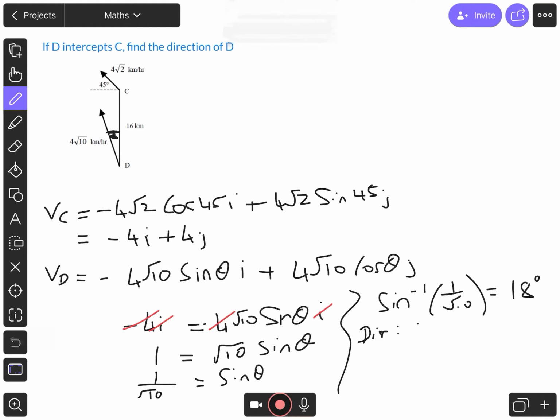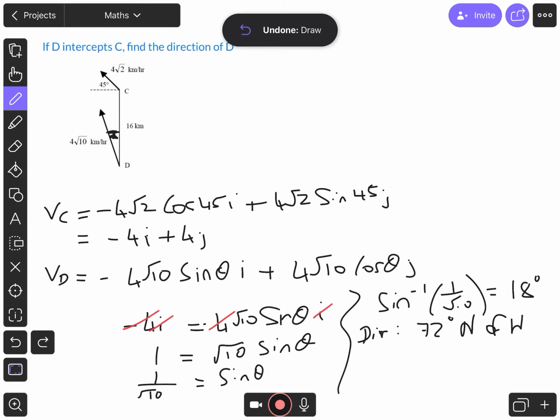So it's 72 degrees, we take that away from 90, 72 degrees north of west. And that's the direction that it is going. If they ask you for the magnitude, then you would say that it's this 4 root 10. And that's that question completed. So that's you using the fact that the I values are going to be the same.